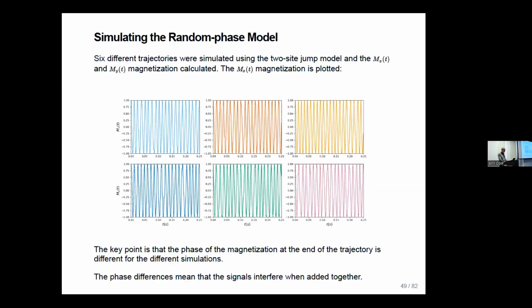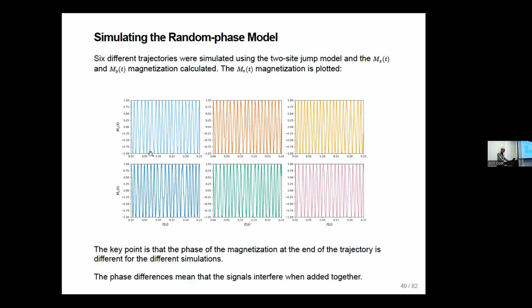So here are just 6 examples. I have the two-site hop. Every time I'm in the A state, there's a little precession with omega A. And then the system jumps to the B state, and there's a little bit of precession at omega B. And then I jump back.